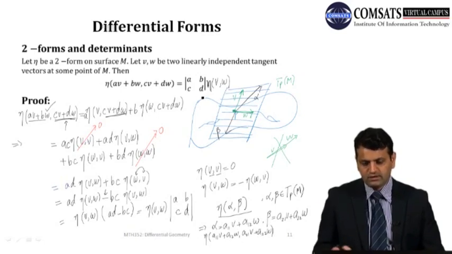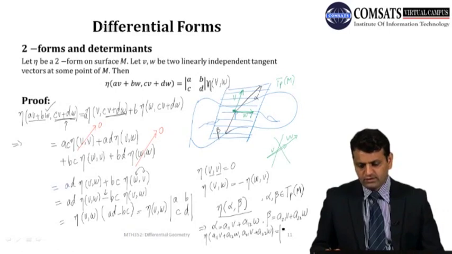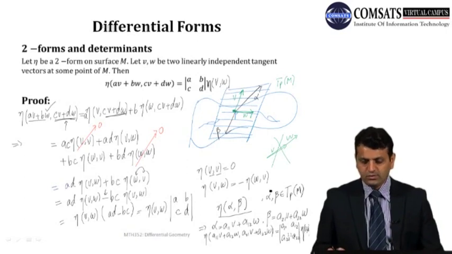Now according to this result, this should be equal to the determinant a11, a12, a21, a22 into eta of VW. So कोई सा भी मैंने दो वेक्टर लिए अल्फा एंड बीटा, एंड आई वांट टू कैलकुलेट द वैल्यू ऑफ दिस टू फॉर्म एट दिस पेयर.